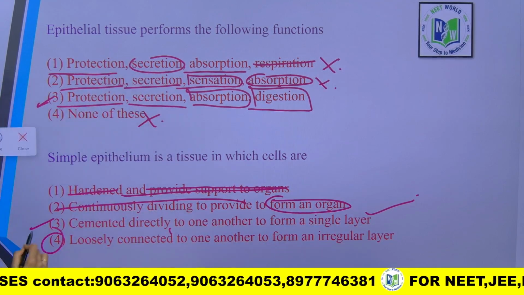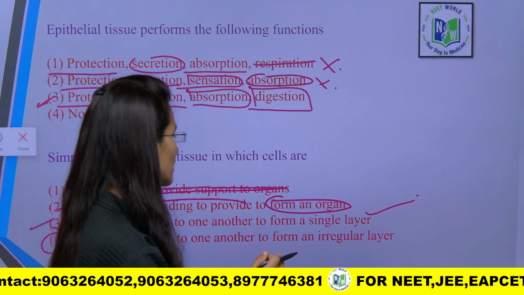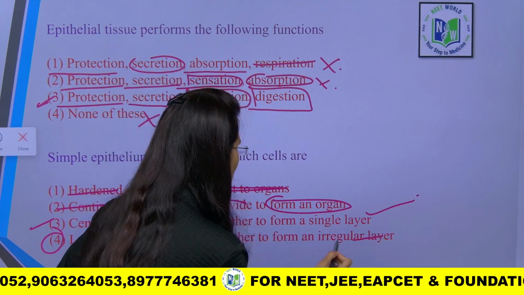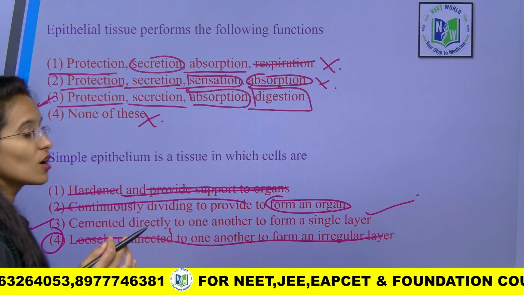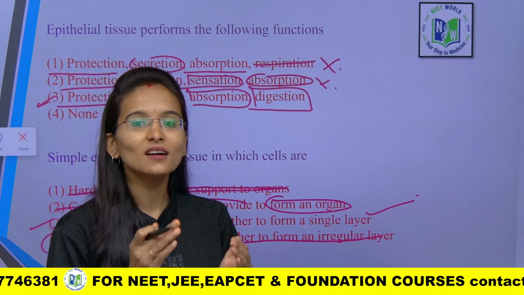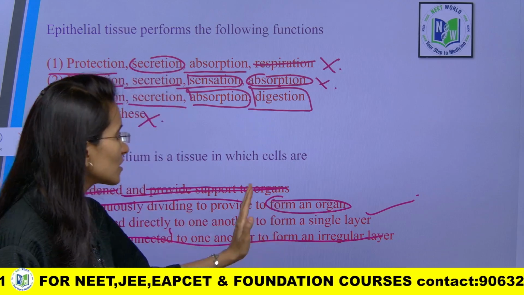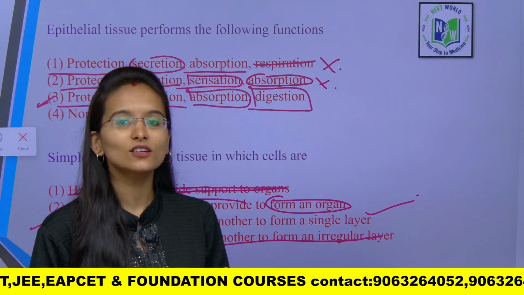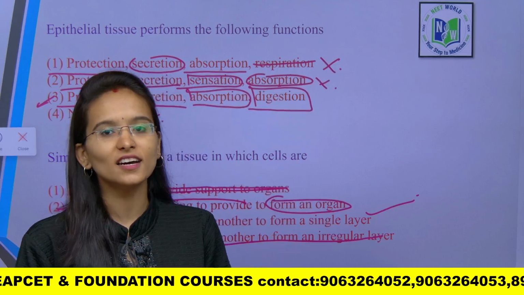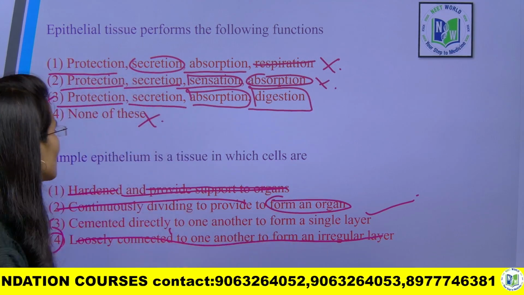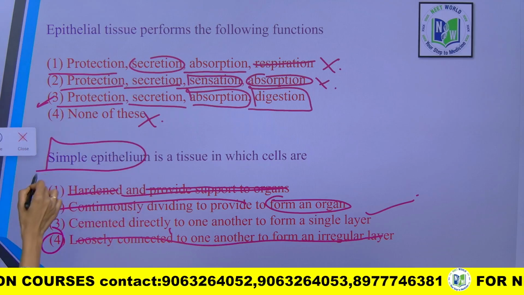Next, option 4: loosely connected to one another to form an irregular layer. This statement is also wrong. These are not loosely connected, these are tightly attached with one another without any intercellular spaces, all the cells continuously arranged to form only a single layer. That is the reason it is called simple epithelium.